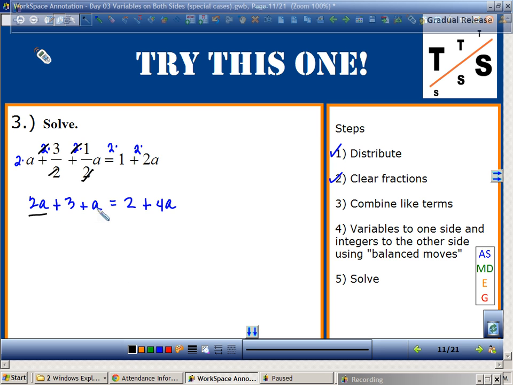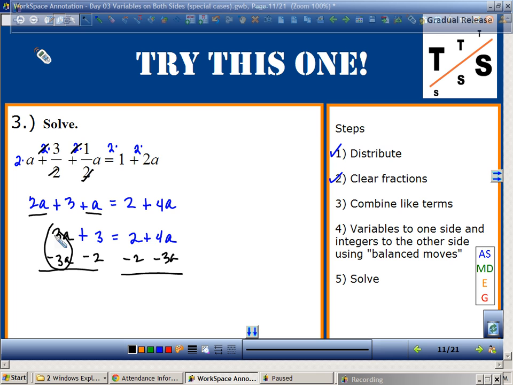I've got 2A and 1A makes 3A. I have a positive 3, and I have 2 plus 4A. 4A's is larger than 3A's, so I'm going to subtract 3A from both sides. And I'm going to subtract 2 from both sides so that I can get my constants on this side.